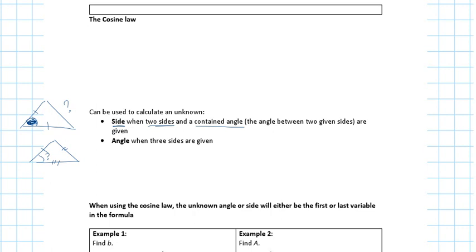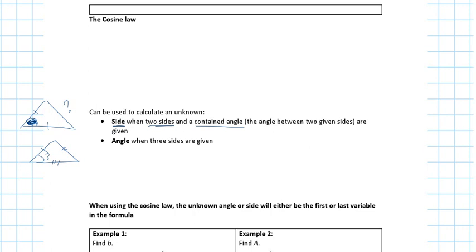I always look at, do I have two sides and the contained angle? Then I have to use the cosine law. Or do I have all three sides? Then I can use the cosine law. And if it's not any of these two cases, then I know to use the sine law. This is me. I prefer looking at cosine law first, then figuring out sine law.